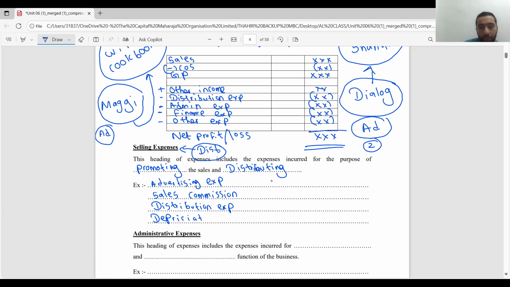Depreciation of motor vehicle, discount allowed, impairment losses, bad debt.